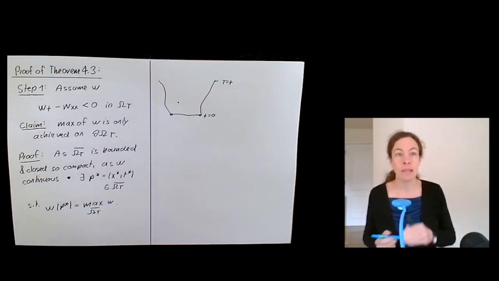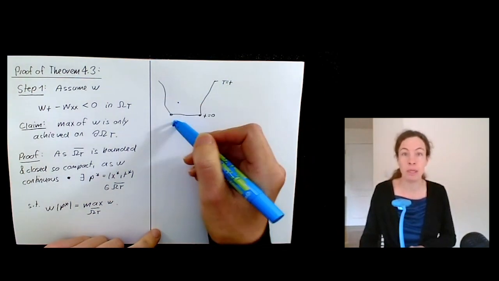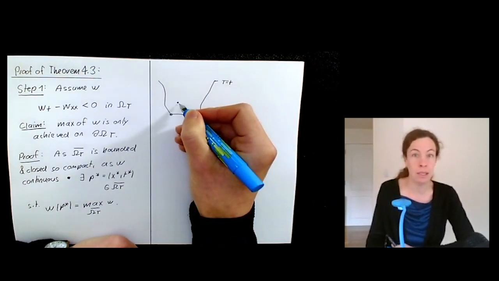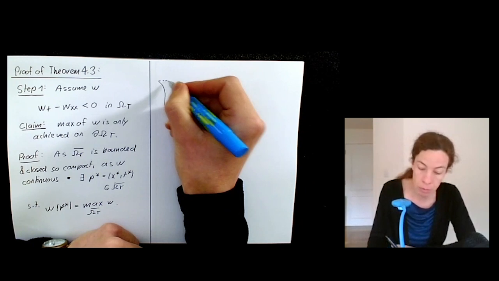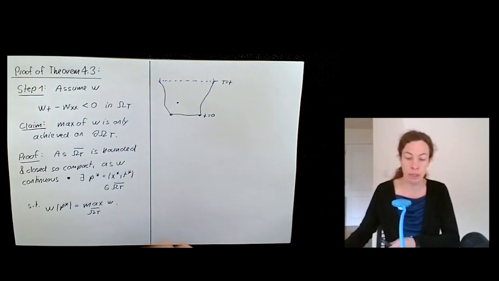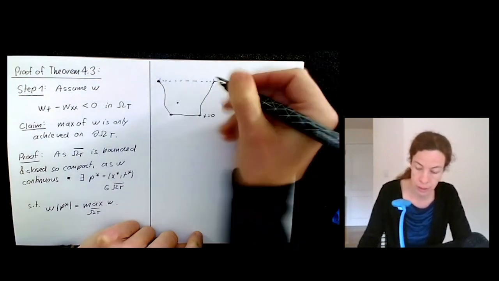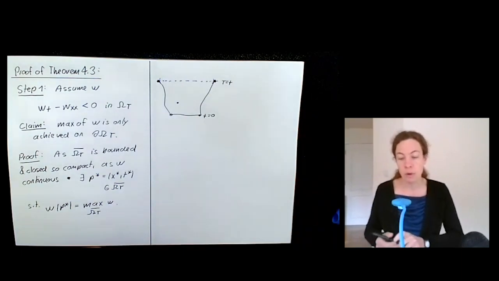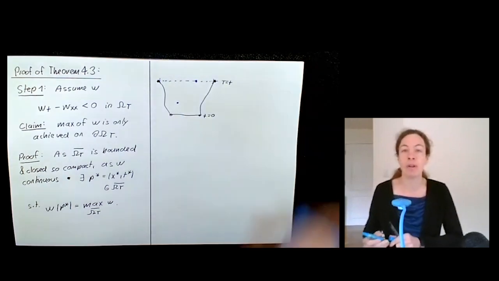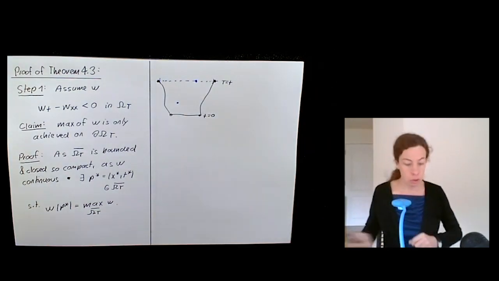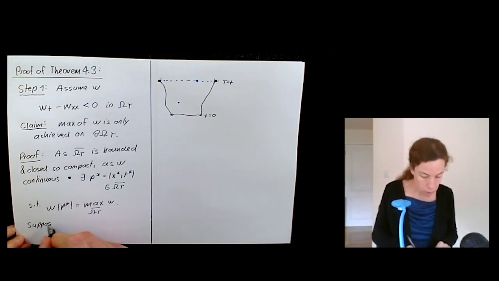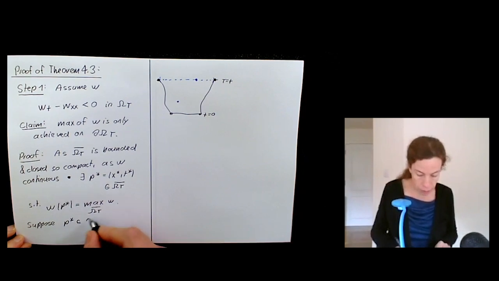So in order to conclude that the maximum is achieved on one of these three curves, I have to exclude the possibility that the maximum is achieved in the interior here somewhere, or that the maximum is achieved on this top line, where the important thing is we include the endpoints of these boundary curves here in the parabolic boundary. So I have to exclude that I can achieve a maximum in a point in this interval somewhere in the interior. So we argue by contradiction, and let me suppose that P star is not in the parabolic boundary.